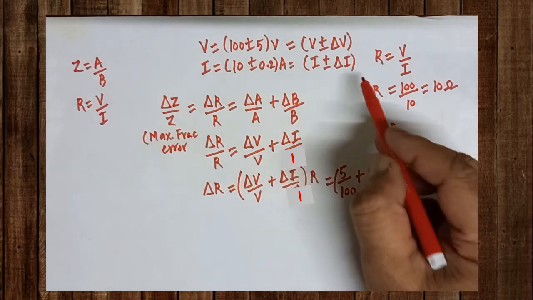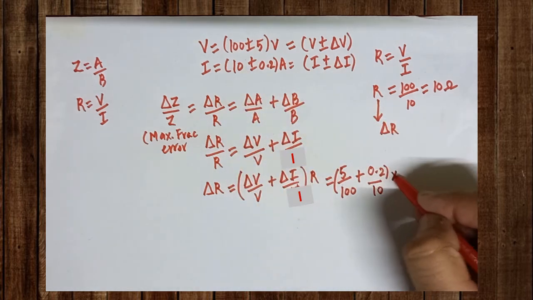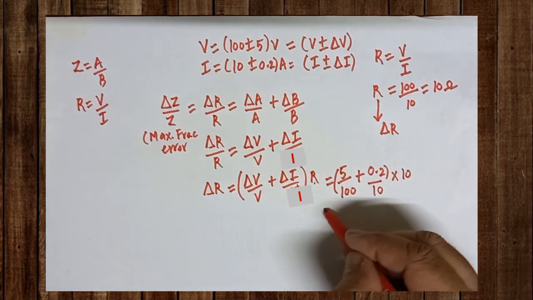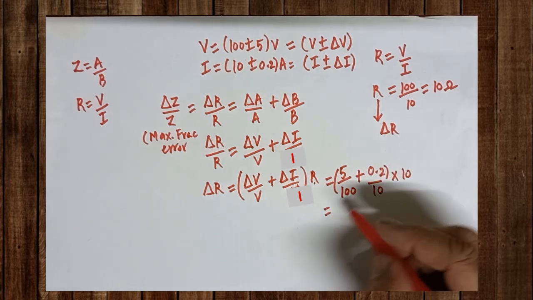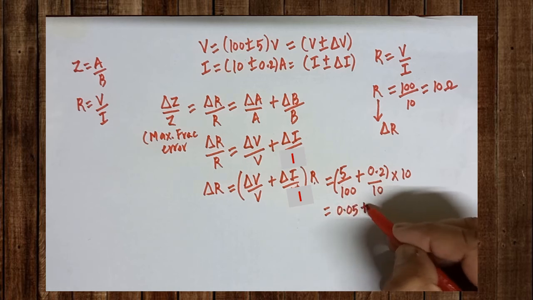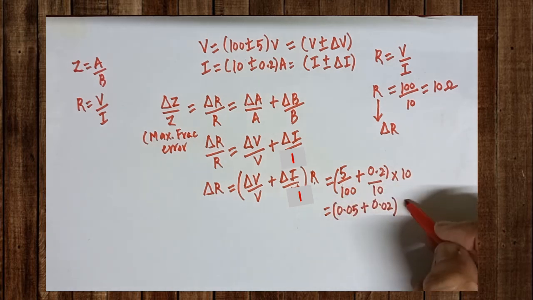I is nothing but 10, into R value, which is already found, 10. Now 5 divided by 100, 0.05, plus 0.2 divided by 10 can be written as 0.02, close the bracket, into 10.